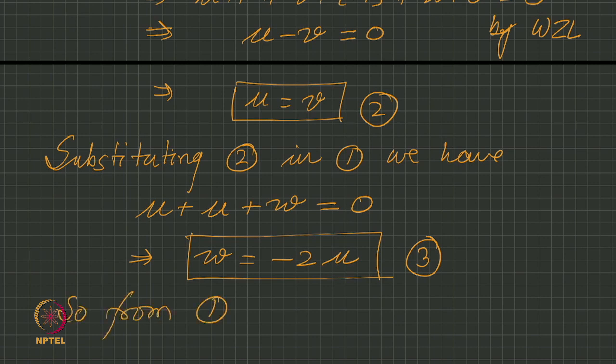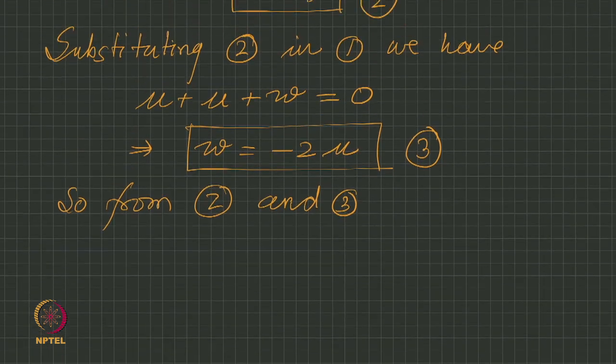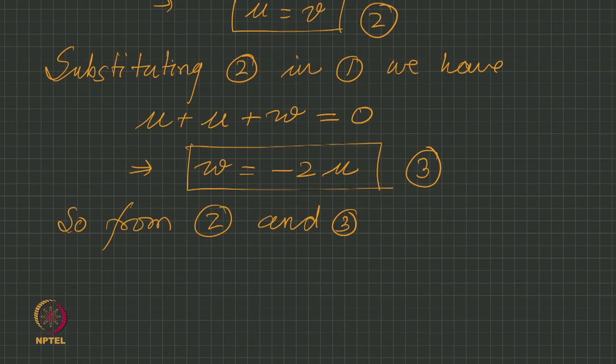So, from 2 and 3, what do I get? The line of intersection u v w: 2 established that v is u, so for v I write u. 3 establishes that w is minus 2u, so I write minus 2u.